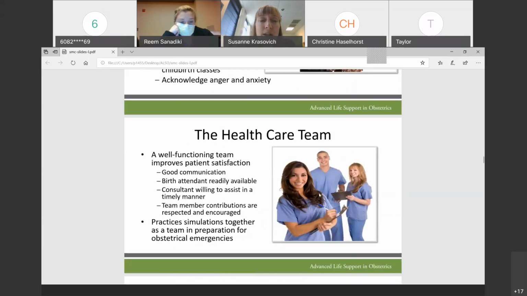When we look at the healthcare team, a well-functioning team actually improves patient satisfaction. That means we can do that through not only good communication, but also having the birth attendant, the family doc, the obstetrician, the midwife, whoever that is, be readily available, having any consultants willing to assist in a timely manner, and respecting and encouraging contributions from anybody on the team.